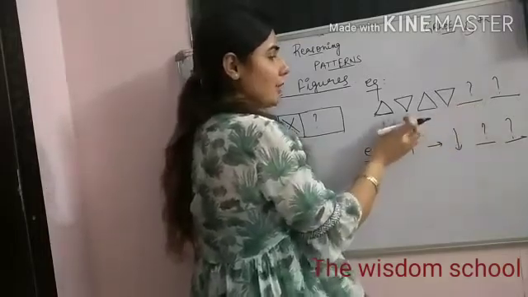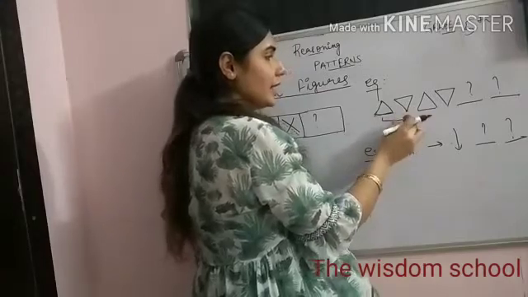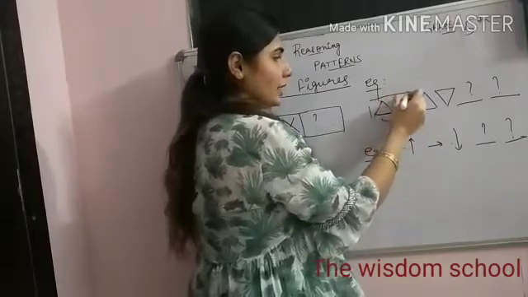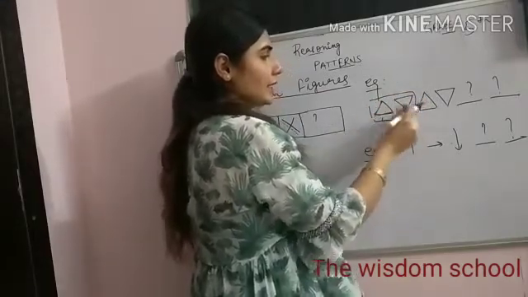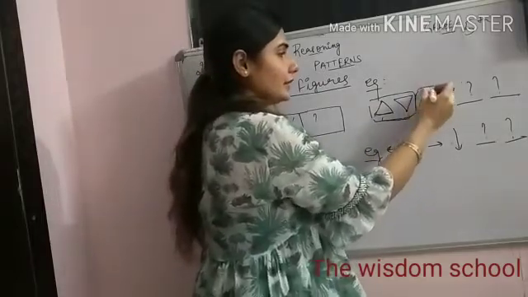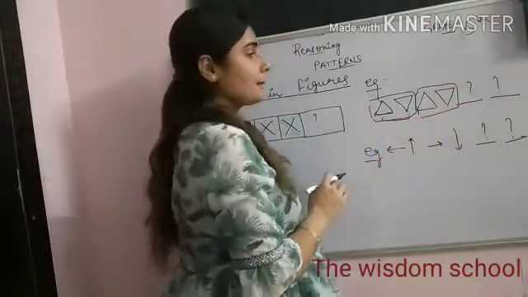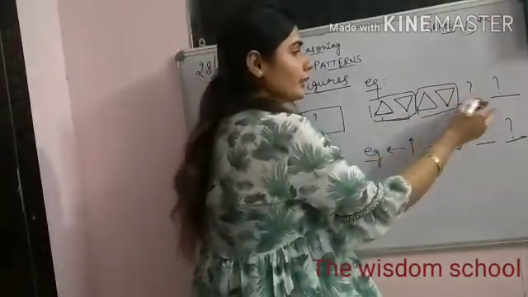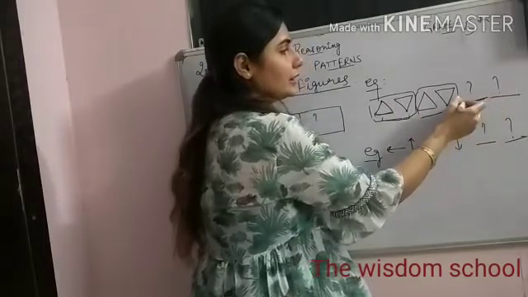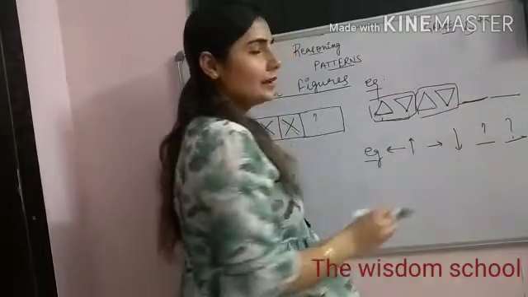So next, by observing this pattern, children, you can see that first of all a triangle is given and then a reverse triangle is given and again a triangle is given and then a reverse triangle is given. So next, what will come here, children? How can we identify? Tell me.